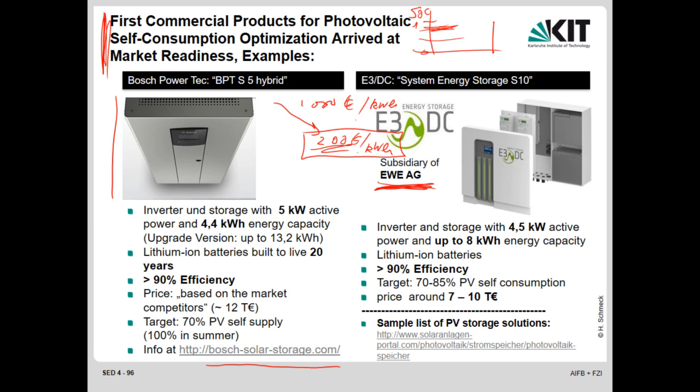But as I said, the prices are going down, and here you see it is 4.5 kilowatt active power and price around 7,000 to 10,000 euros. So it is quite expensive.